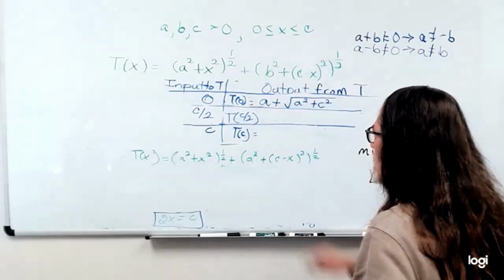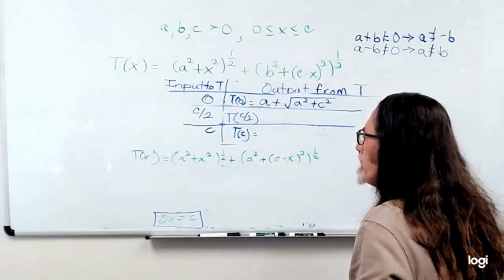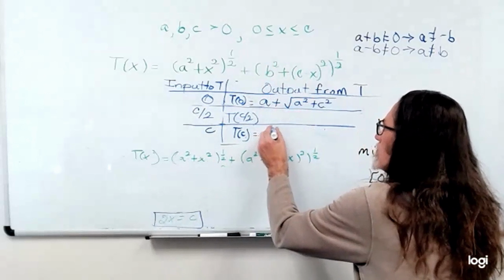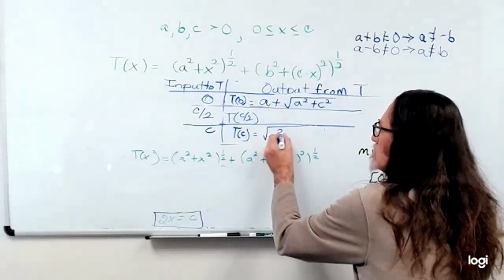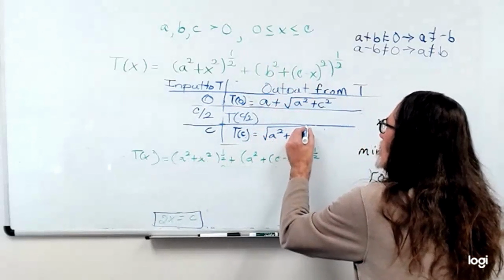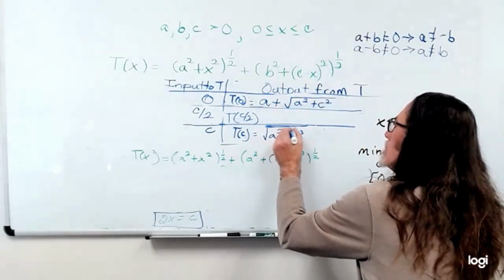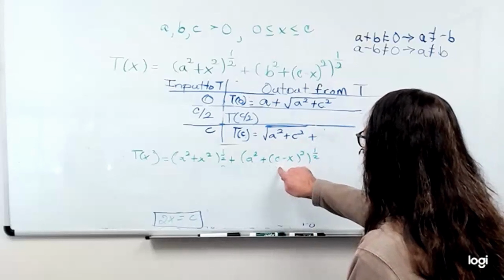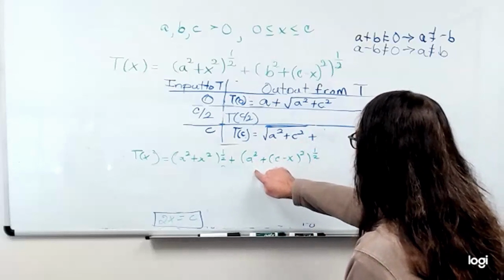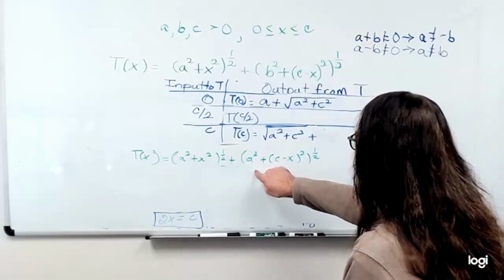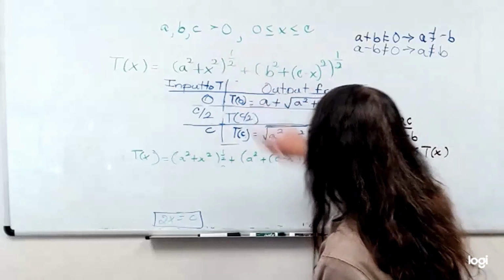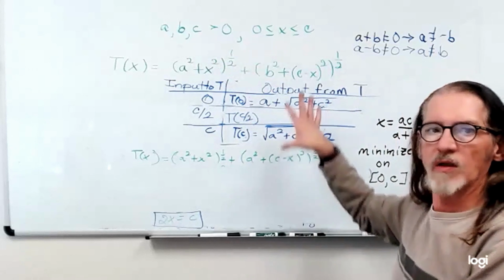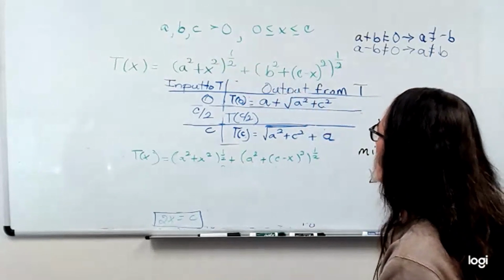And at the other endpoint, we put in c for x. C minus c is 0. 0 squared is 0. A squared plus 0 is a squared. Take the square root of that non-negative a squared, and we just have a. Okay, so we're looking at the same thing at either endpoint when a equals b.